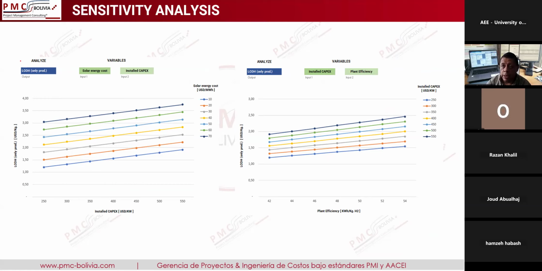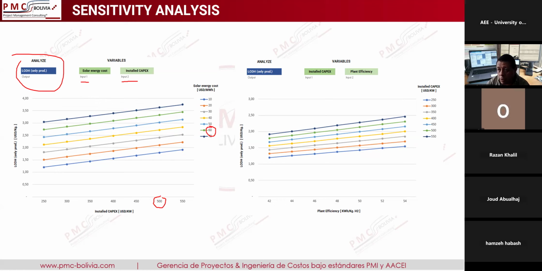As I said, we can choose some output variables and compare them with a couple of input variables, input 1 and input 2, and we can choose the best option. For example, for installed capex I choose 500, and I want to compare with the solar energy cost, for example $60 per megawatt hour.